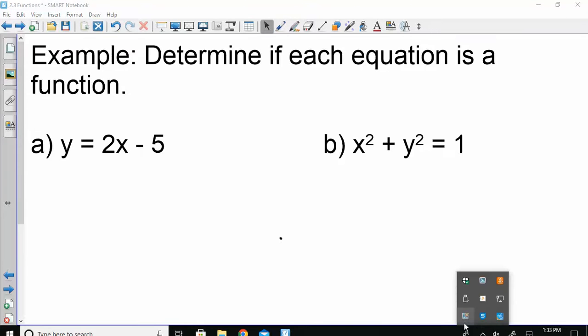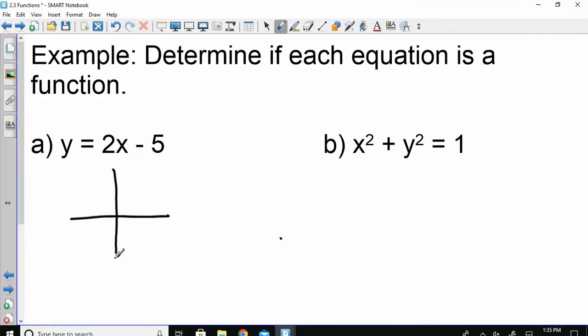If your calculator doesn't show up with the graph, let me know and I'll fix it. It should just be a line, y-intercept -5, slope is 2, so it looks something like this. Does that pass the vertical line test? Yes, so this is a function.